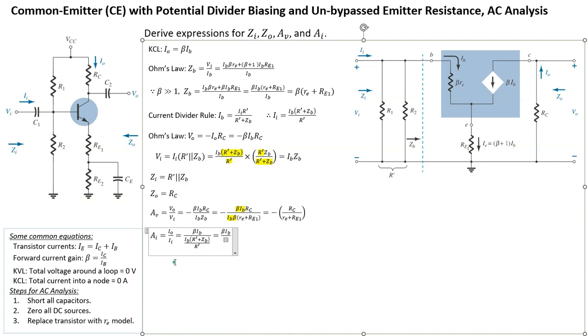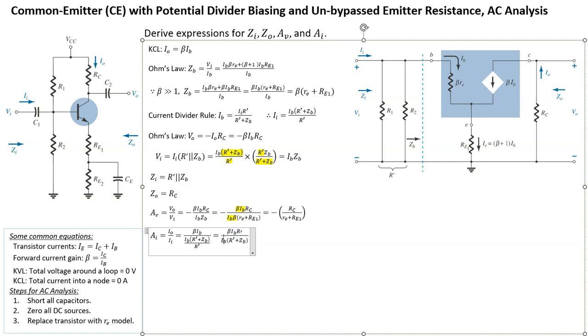The bottom part is going to be IB times R prime plus ZB, and then multiply at the top with R prime.